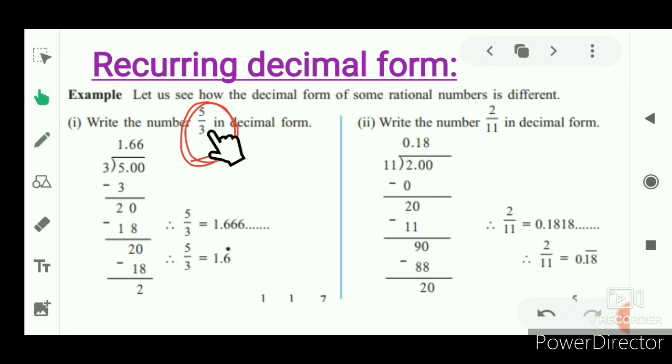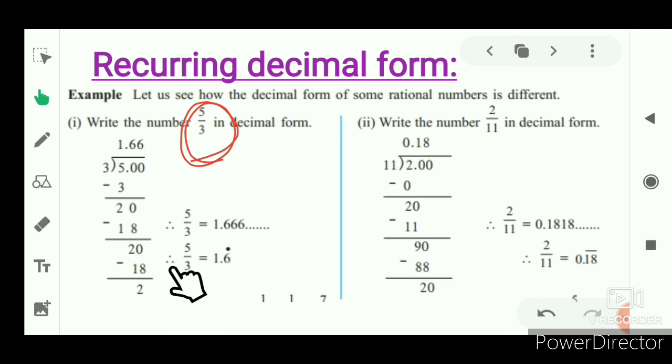We are dividing 5 by 3. So 3 ones are 3, then 2 is remaining. Then we will take point, then we will take 0, then 3 sixes are 18, then 2 is remaining. Then 3 sixes are 18, then 2 is remaining, then we will take 0, then 3 sixes are 18, then 2 is remaining, and again 6 is repeating.